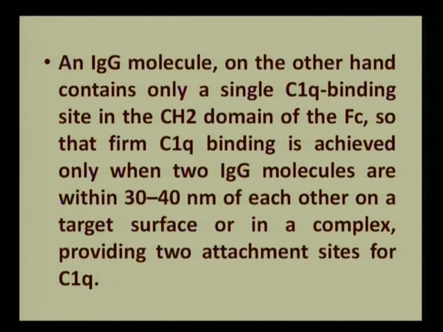In short, because IgM is a pentamer, it's easy for IgM to activate the complement component C1, but it needs more than one IgG molecule to activate C1. That is, 2 IgG molecules within 30 to 40 nanometers of each other provide the binding site for the C1 component.